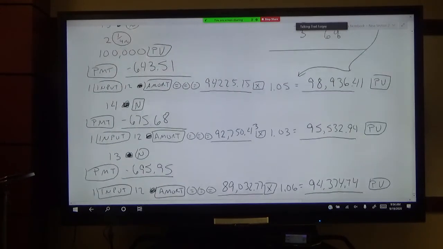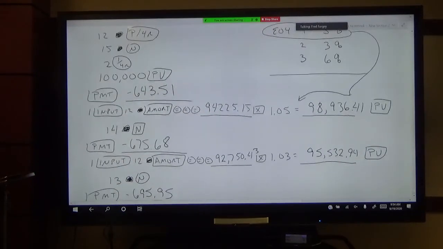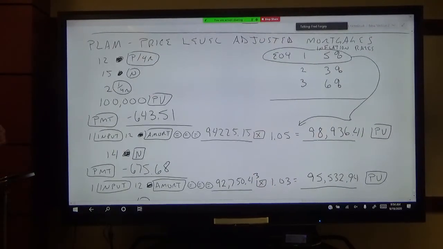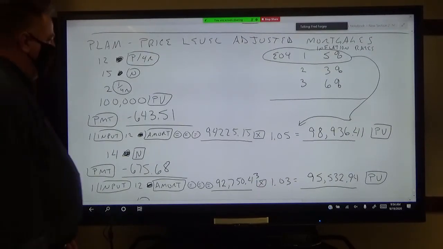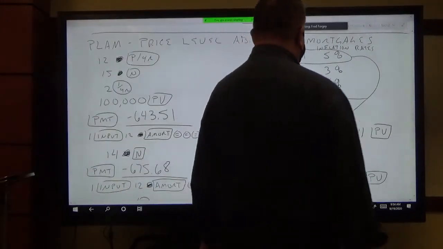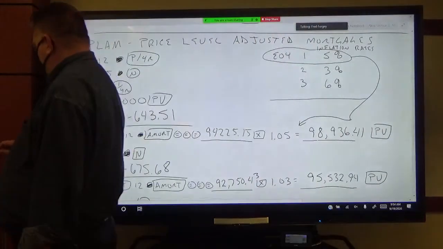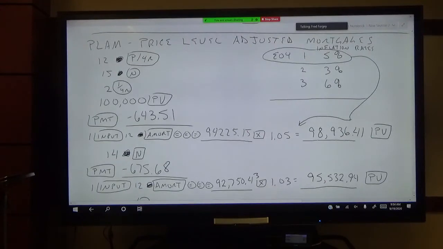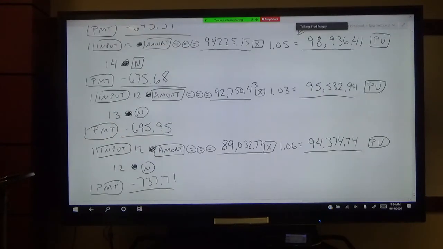we can approach the remainder of this a couple different ways. One is we can just stop there and say, all right, let's just say that we pay off this loan basically at the end of, let's say, year 3.